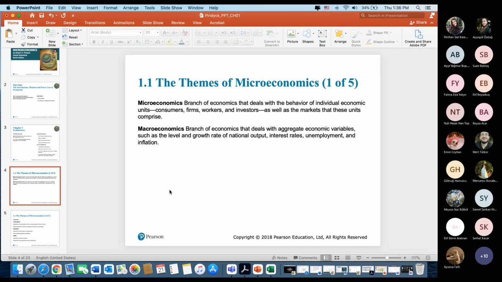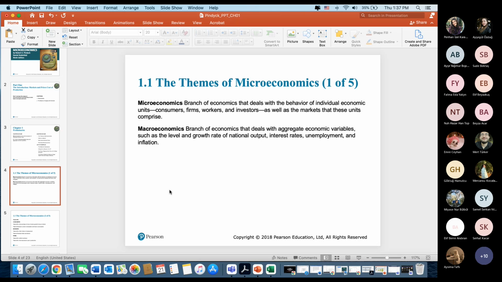Therefore, we understand from the definitions that we can suppose microeconomics is a tree in a forest. Suppose we are looking, especially in a perfectly competitive market, at whether the woman at home is doing the work or the man is doing the work.